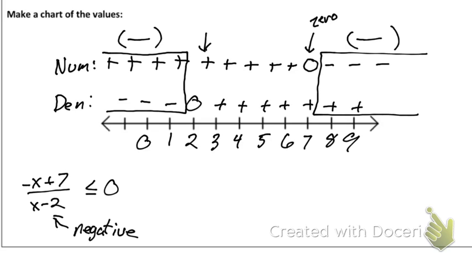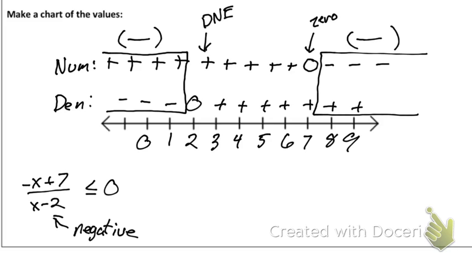This just does not exist. So I have a 0 and a place that does not exist. Everything else would be positive here. But I don't really care about the positives. I just cared about the negatives and the zeros. And why I cared about the zeros is, you see this equal sign? I have to account for the fact that it's okay to be equal to 0. So I'm going to use brackets anytime I actually have a 0.